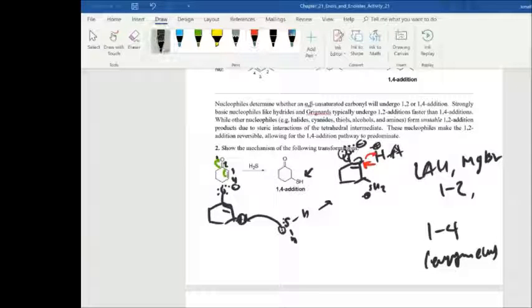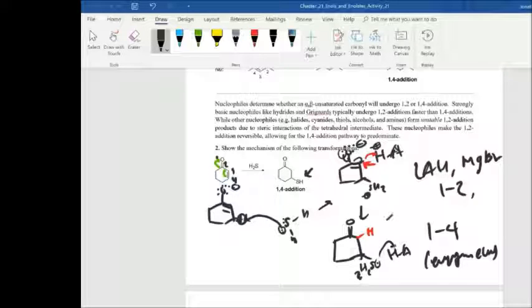So now you end up having your carbonyl back, and the hydrogen, I'm going to denote this in red so you can see it, this hydrogen, and now you have the sulfur group, and now it just does the same thing. Takes the hydrogen, which leaves you with the product. So that's basically the mechanism. That's basically the idea.